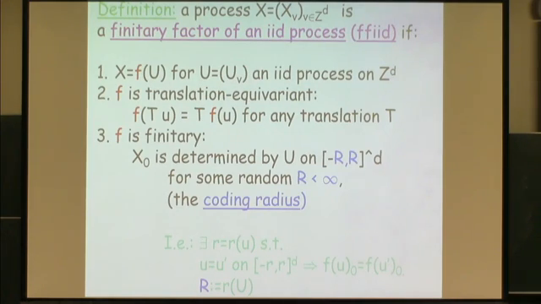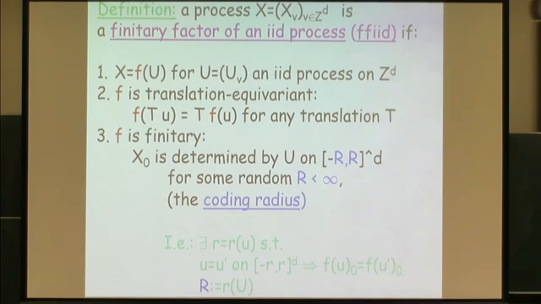And number two, I want my process X, the one I'm interested in, to be stationary. In other words, translation invariant in distribution. The natural way to ensure that is that the function is translation equivariant, which means it commutes with translations.